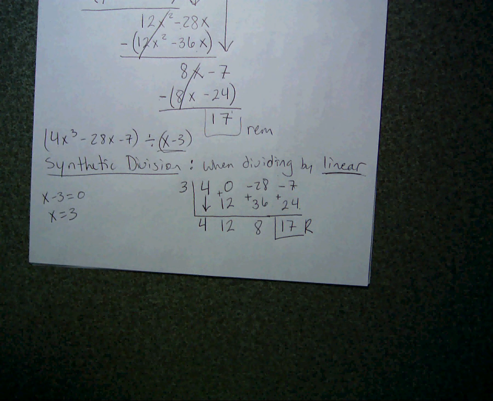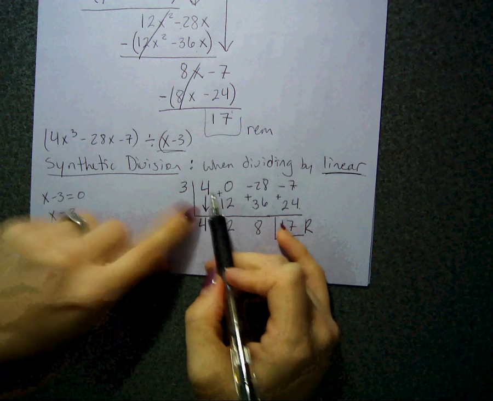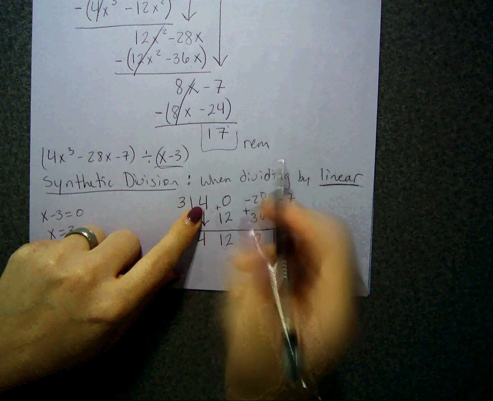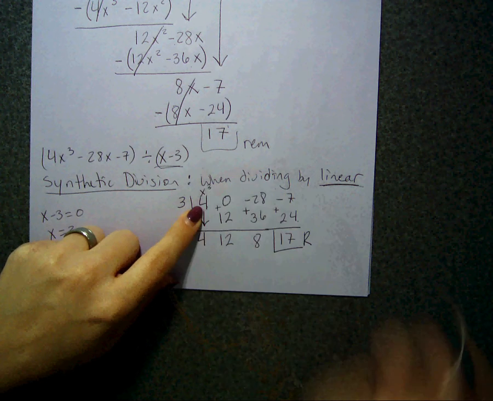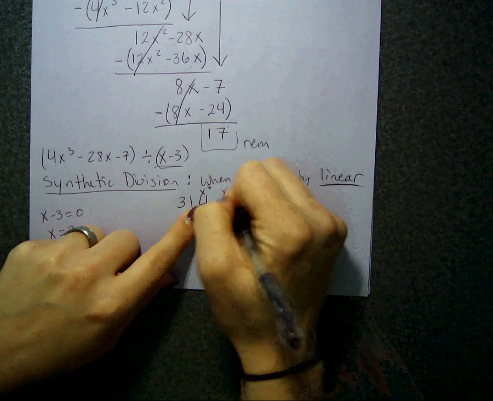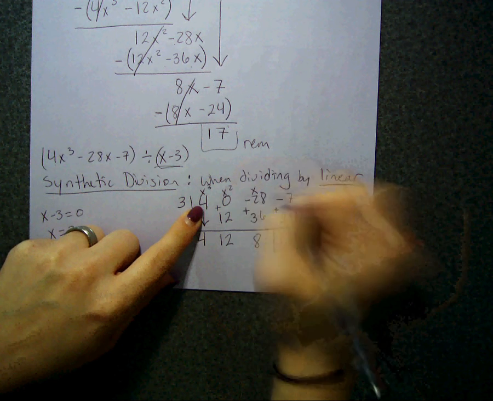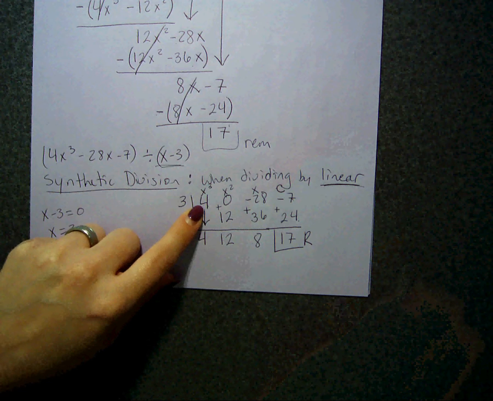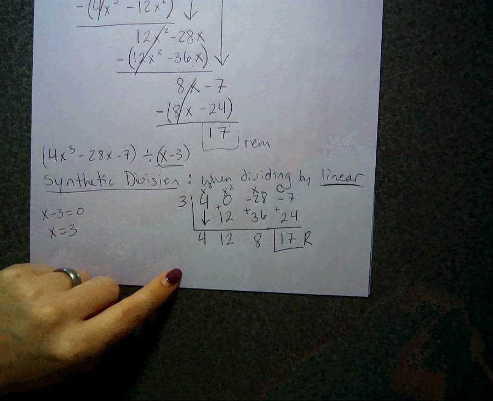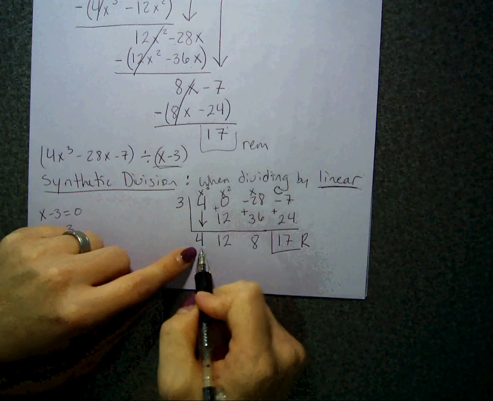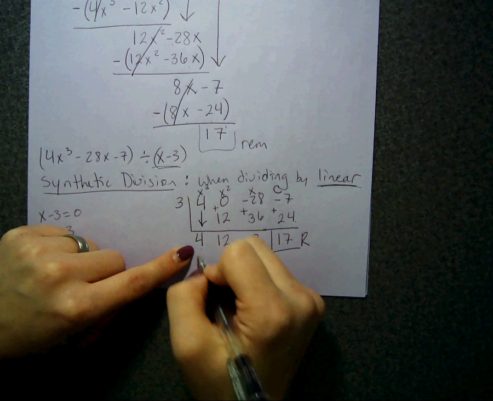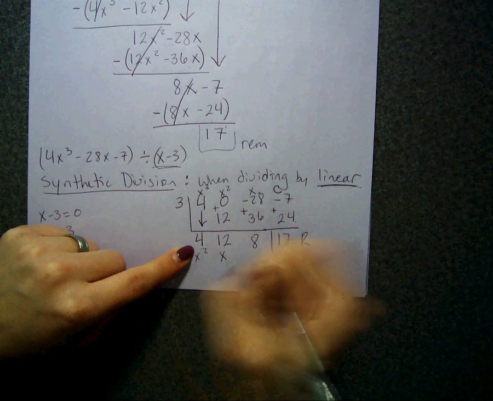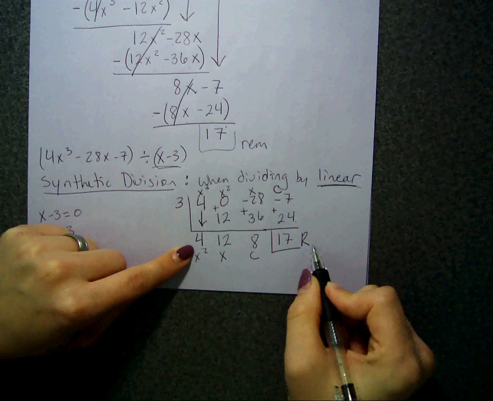Now, to write my solution, my first coefficient came from an x cubed number. This was x cubed, x squared, x to the first, and then my plain constant. My answer comes a step down. This was x cubed, so the first term in my answer will be x squared, then x, the constant, and my remainder.